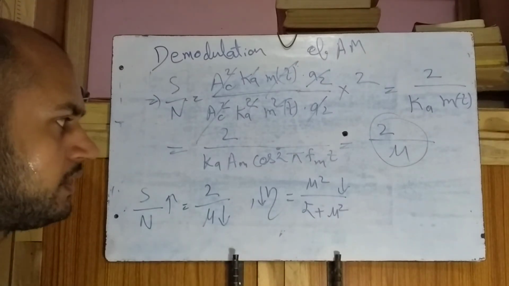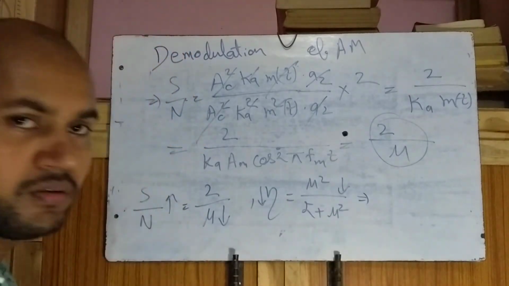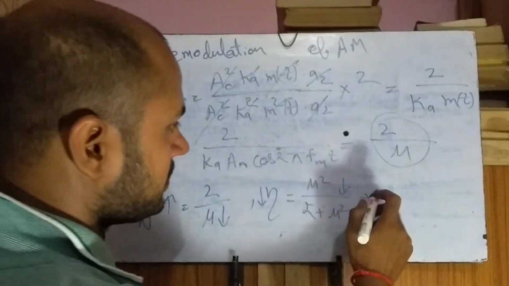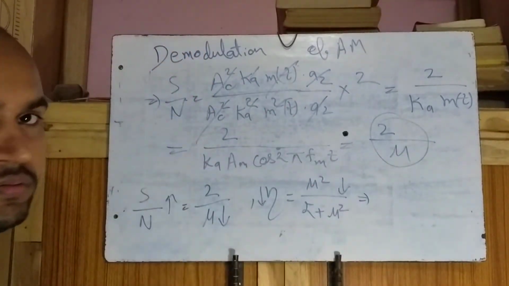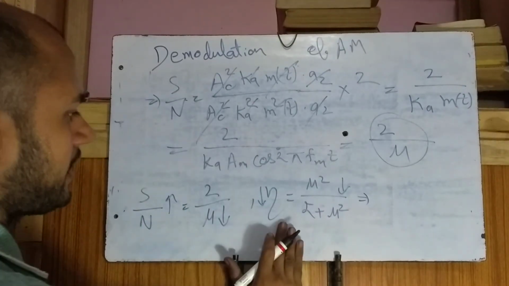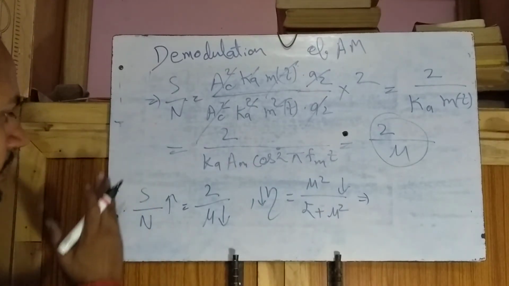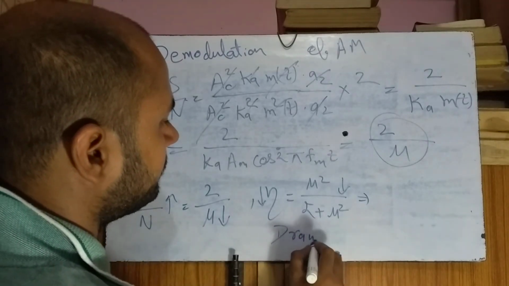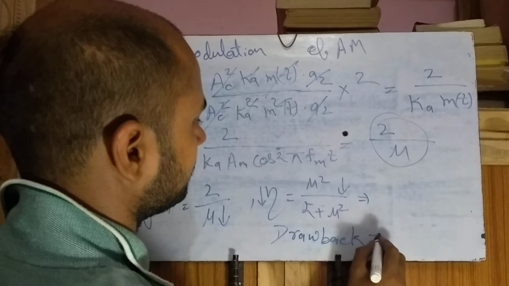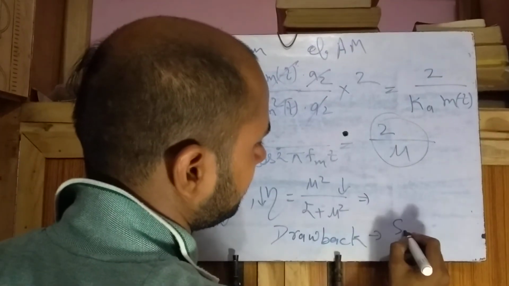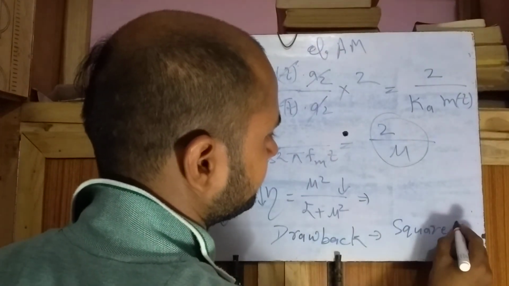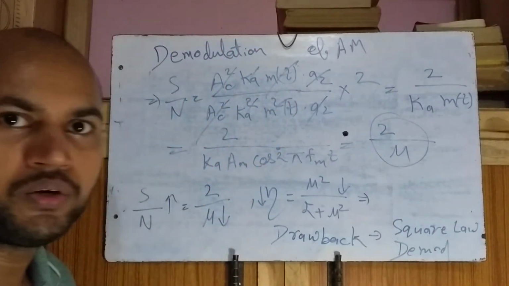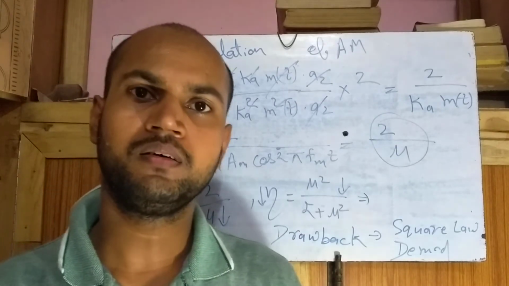What is eta? Eta says the share of the sidebands in the total power, meaning the efficient power distribution. So either we sacrifice efficient power distribution or we sacrifice the signal to noise ratio. That is the biggest drawback of the square law demodulator. Thank you. In the next video we will see the envelope detector.